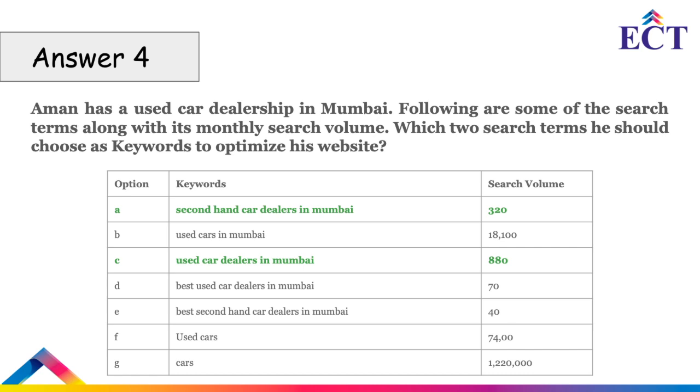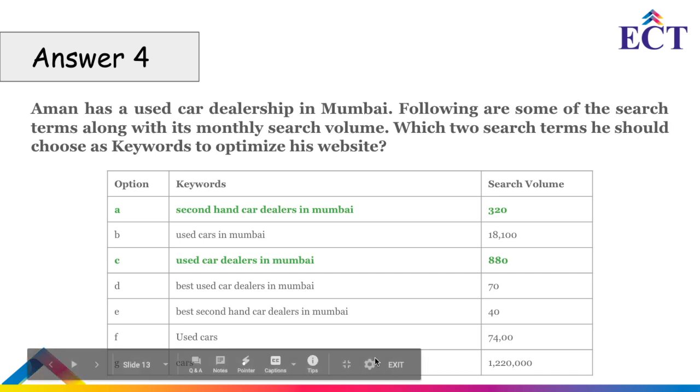Even if his website starts ranking on the first page of Google, very few people will visit, and Aman will not be able to generate any tangible traffic or tangible sales out of that traffic. So D and E go out of context. We will not use them. Then remaining are A, B, and C.